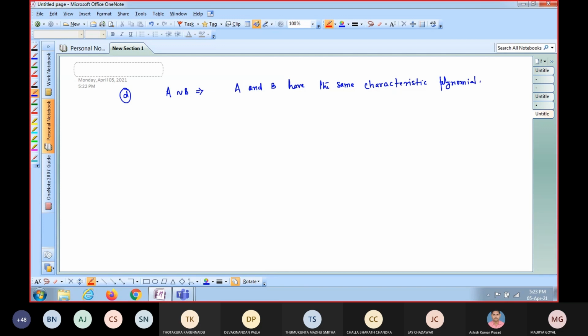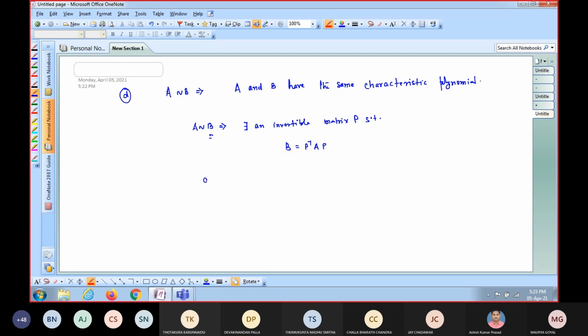So how can we prove this? If A is similar to B, I write the same line. There exists an invertible matrix P such that B is equal to P inverse A P.